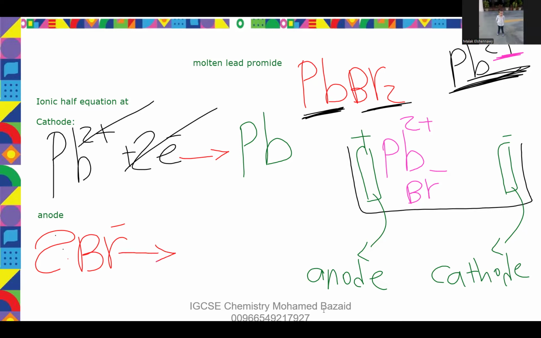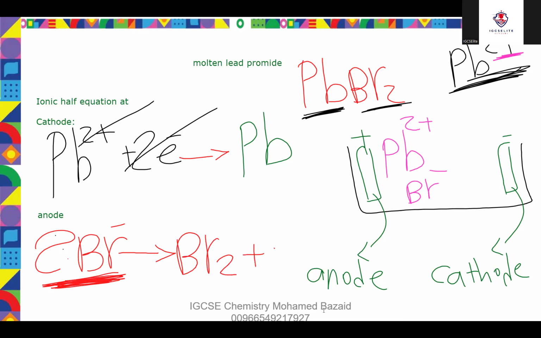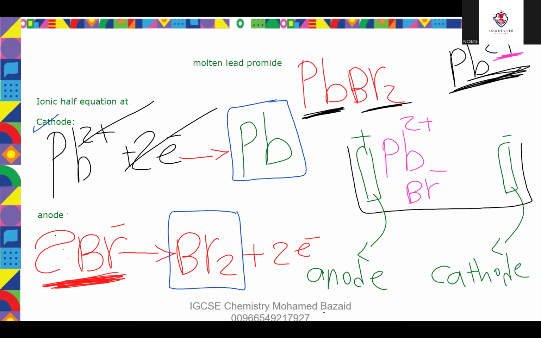Don't say equals, say produces. Say bromide ions, as a scientific word, give bromine plus 2 electrons. What are the products I have? I have lead at the cathode and bromine at the anode.